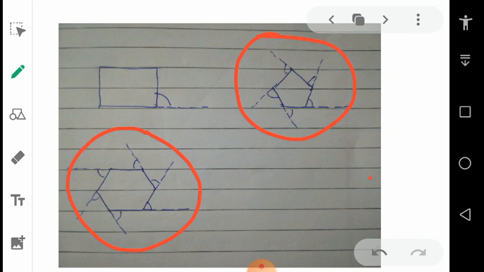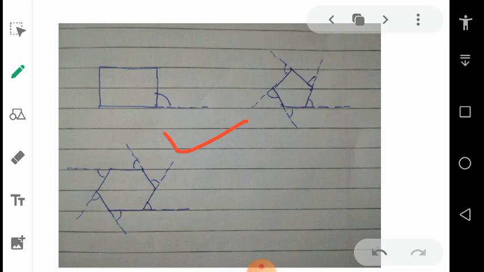By extending all the sides of a polygon we get to know how many exterior angles there are. Suppose in the case of hexagon, the third shape, as you know there are 6 sides, so by extending all these sides we get 6 exterior angles.